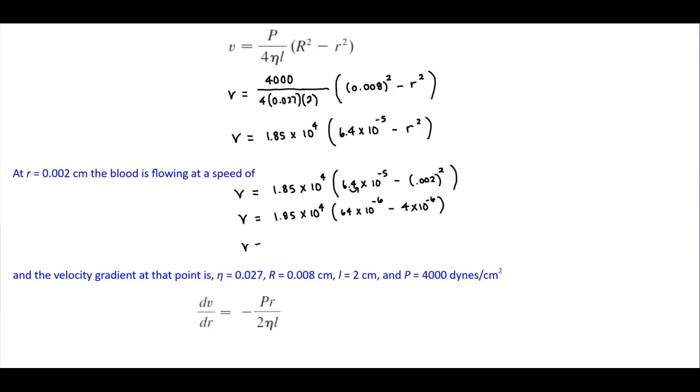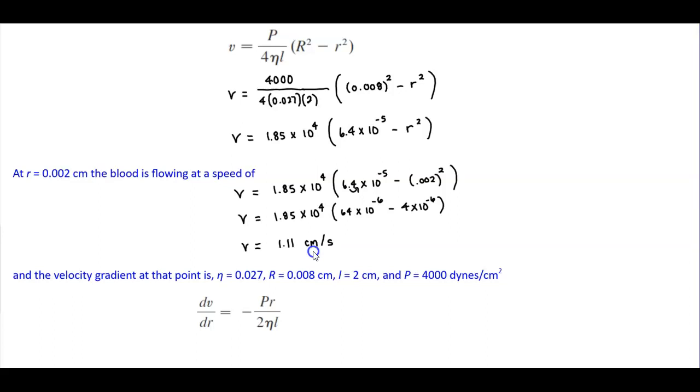If we multiply this all out, we get 1.11 centimeters per second. This is the speed at which the blood is flowing.